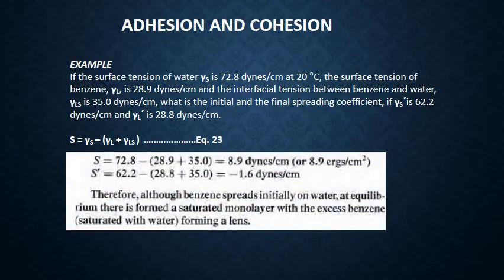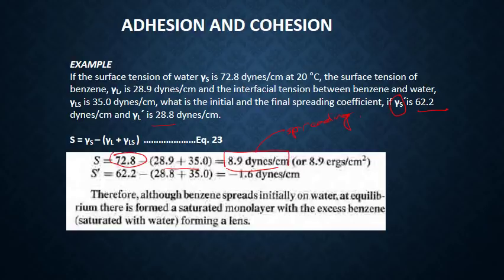So this is the answer, 72.8 minus this and this, and you have the initial spreading. However, after the equilibrium we have the final surface tensions 62.2 and 28.8.